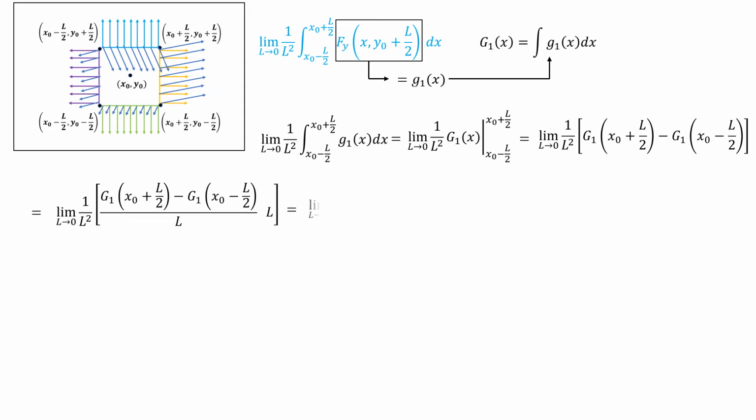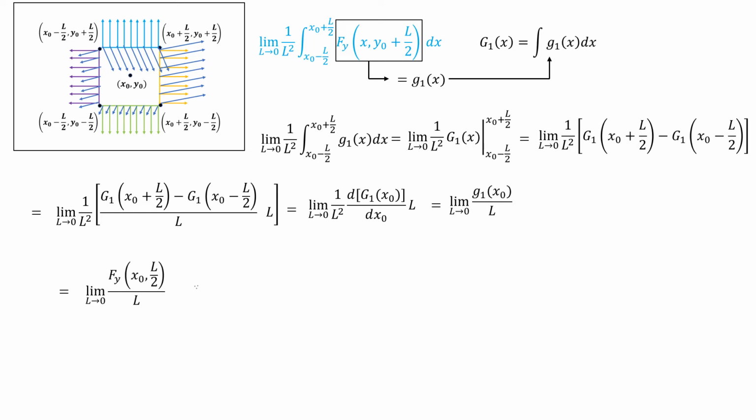Now, if we take the limit as L approaches 0 of G1 of x naught plus L over 2 minus G1 of x naught minus L over 2, over L, then this is the exact same thing as the derivative of G1 of x naught with respect to x naught. Okay, so now this is just lowercase g1 of x naught.